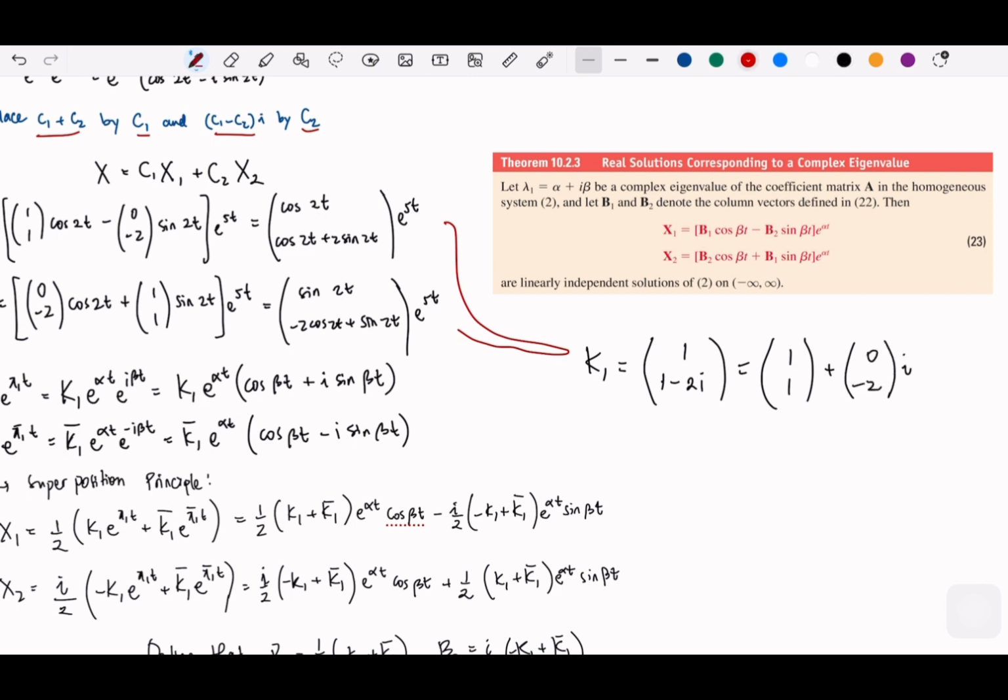So this is the real and imaginary. So from here B1 is 1, 1, and B2 is 0, negative 2. This is just to separate the real parts of the eigenvectors and the imaginary parts.